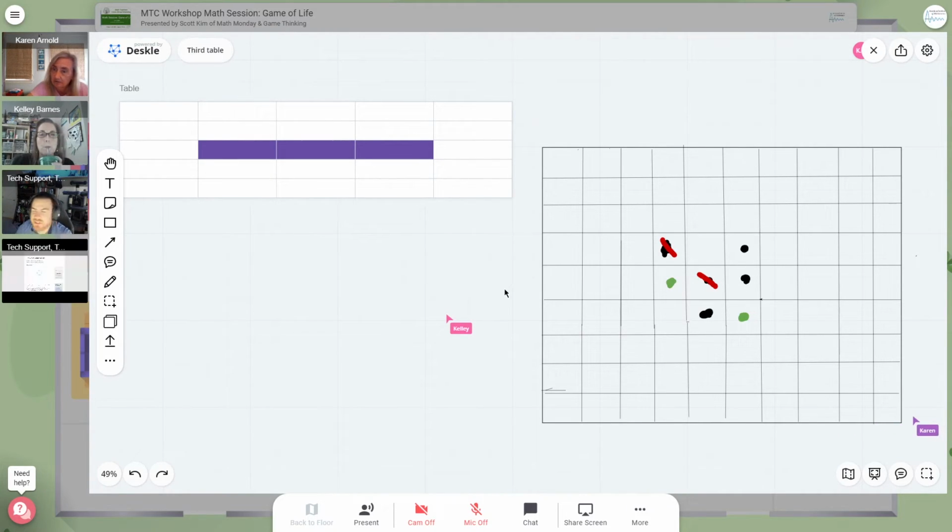Do you see it? Not yet. Oh, I got it. All right, so you have to click on screen share. Do you see me? Wow, that's little. Can you see it bigger now or no?